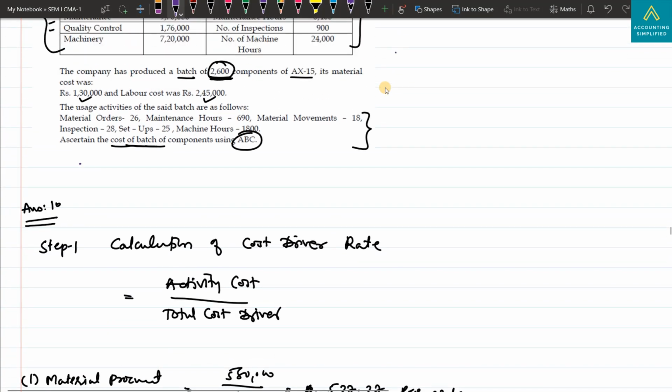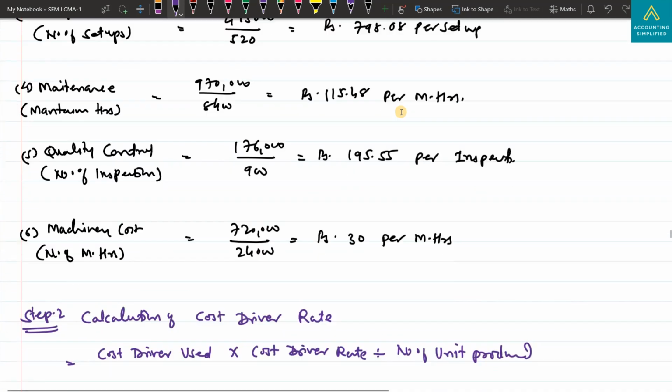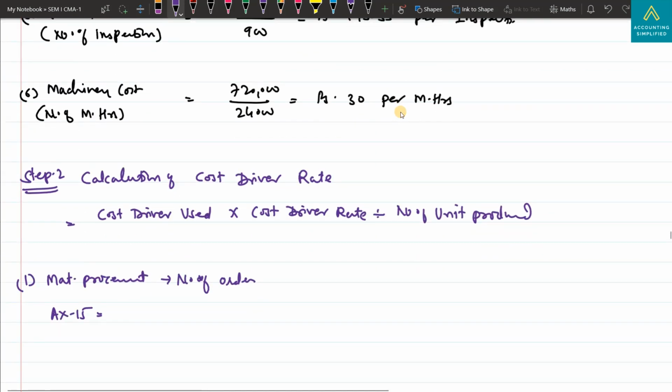You can see the number of material orders is 26. So only one product we have, 26. Cost driver rate is step number 1, 527.27, divided by 2600. It comes to 5.27.